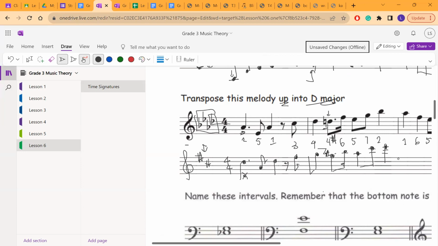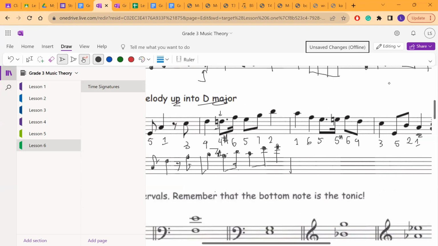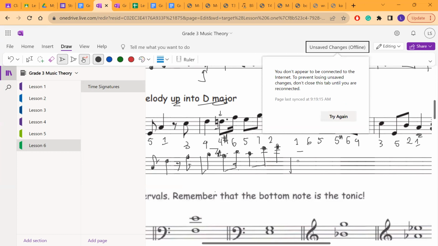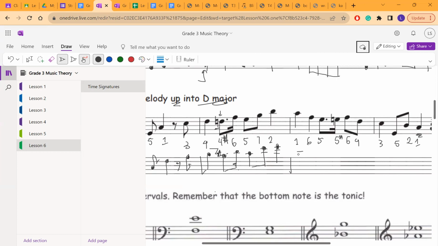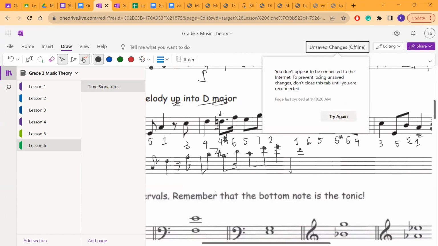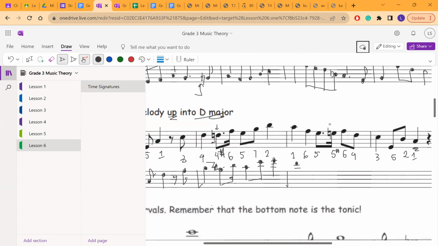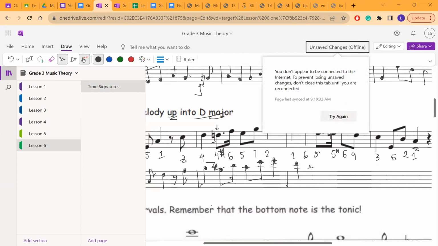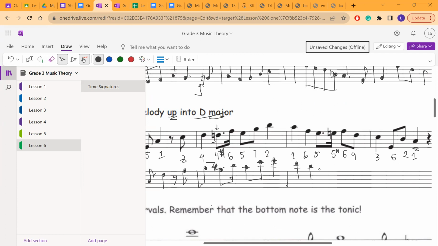It's a very high note. So here it requires a sharp again because there's no other accidental in the key signature.